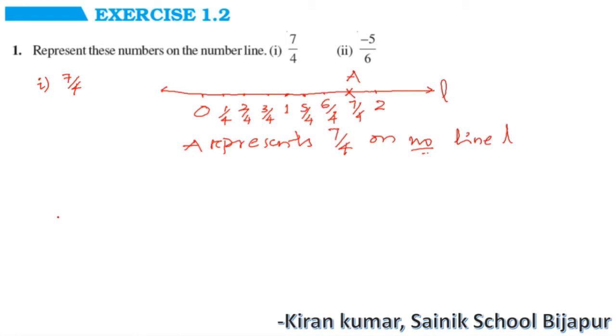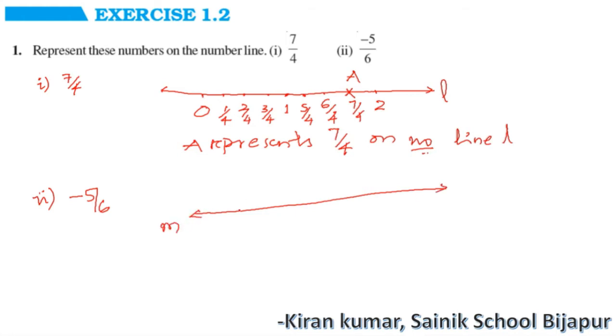I can mention the line as L. The same procedure is to be followed for the second one also, negative 5 by 6. Between the consecutive numbers, I'll make 6 equal parts. That is, I'll start in the reverse direction.